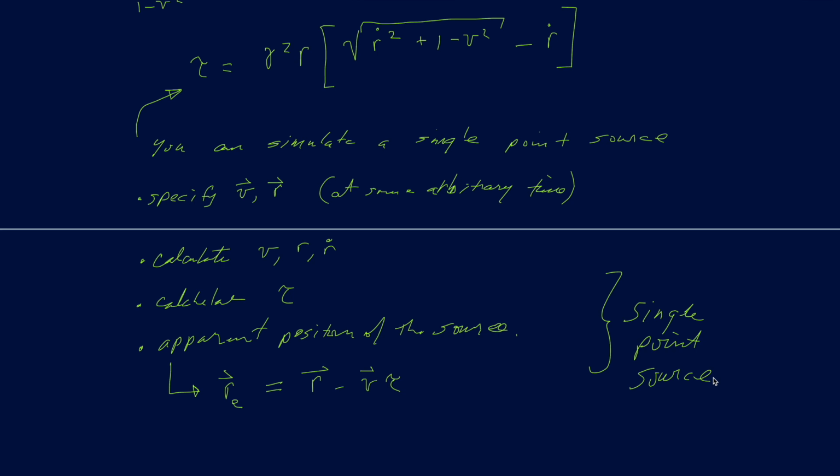However, you can have more than one point source. Okay? You can make something fancier. Let's think about that. Let's say you wanted to look at the apparent shape of a circular object. Well, instead of a single point source, you might make something like this. Okay? And then follow that same calculation for all of these.